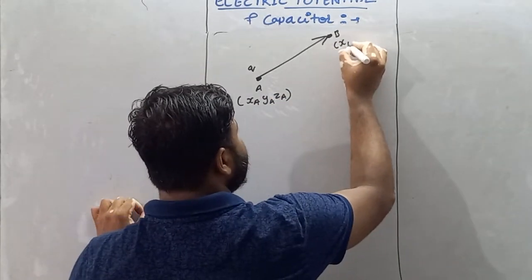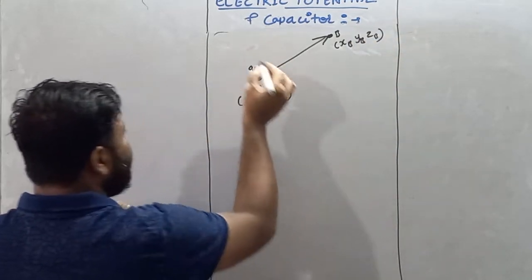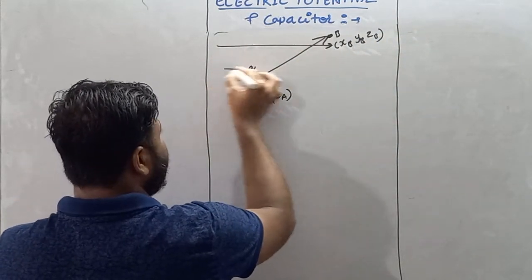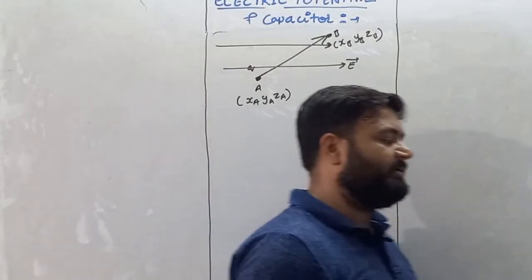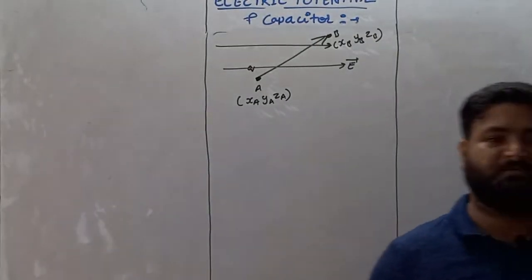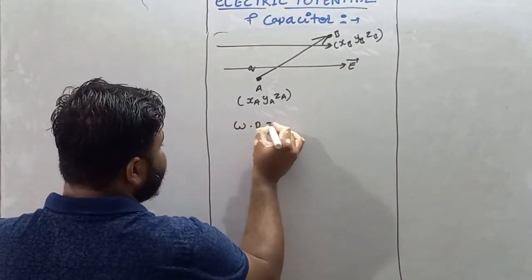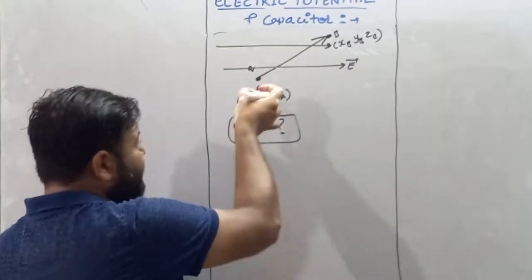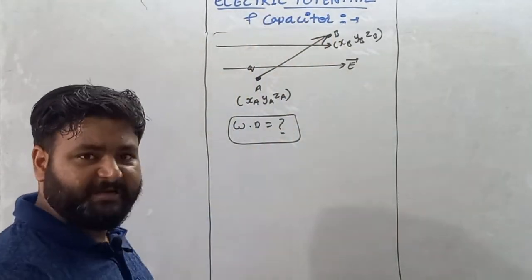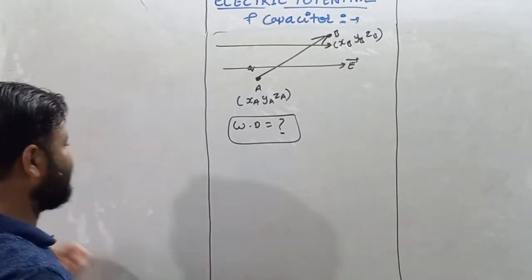Coordinates of point B are XB, YB and ZB, and we are taking the charge from point A to point B in an electric field zone. And in the question they are saying find the work done for taking the charge. See my dear student, as we have to take the charge from point A to point B, we are applying an external force, but here no friction is there.